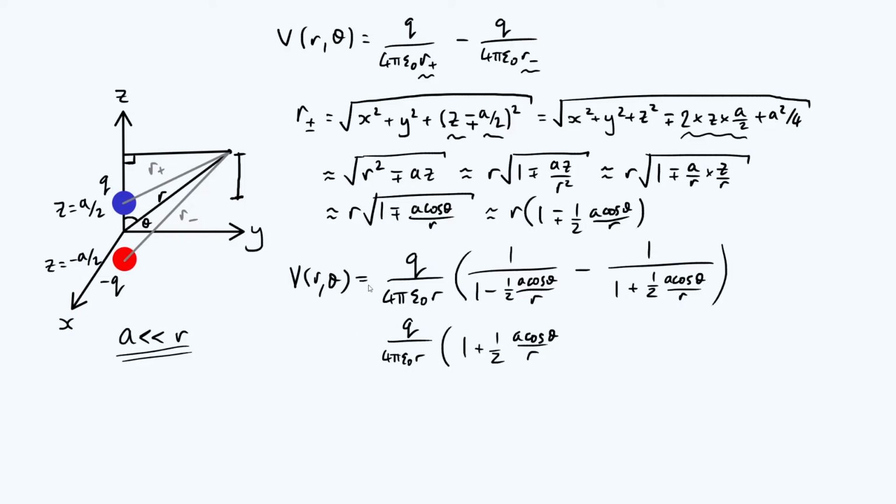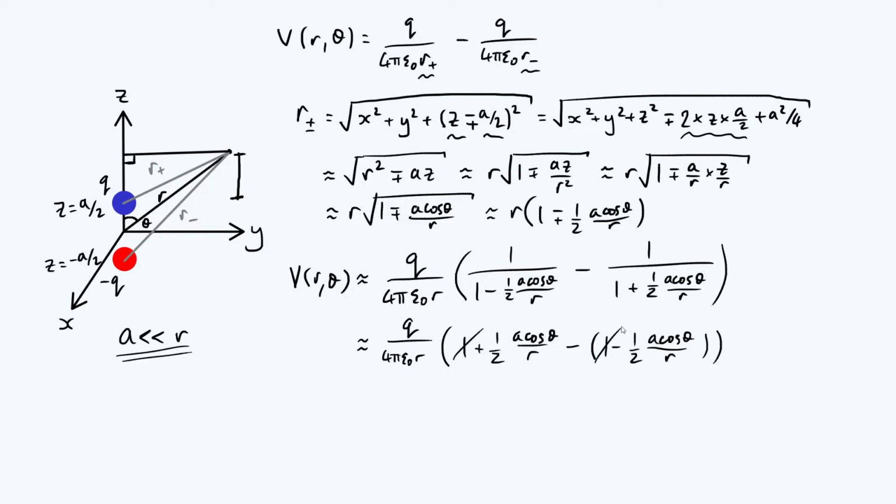And so this should also be approximately equal to, right? And then we're going to subtract off a similar thing for the second term, except again, because basically we've got this whole thing to the power of minus 1, if we do a binomial expansion, that just flips the sign in the middle here. And so we subtract off 1 minus half a cos theta over r, right? Okay, so notice that the 1's cancel.